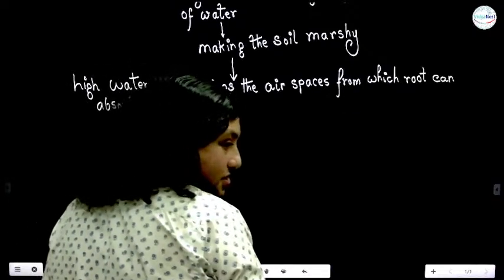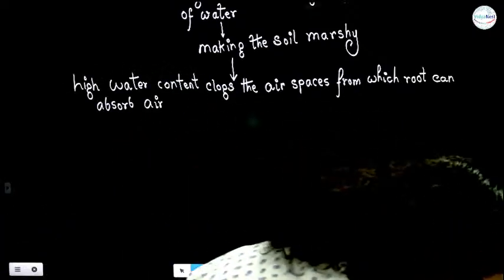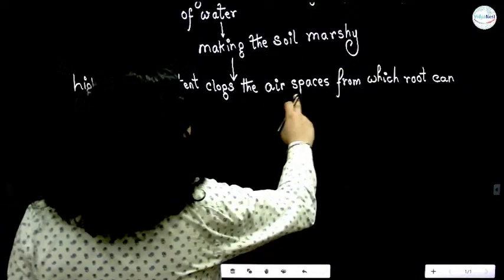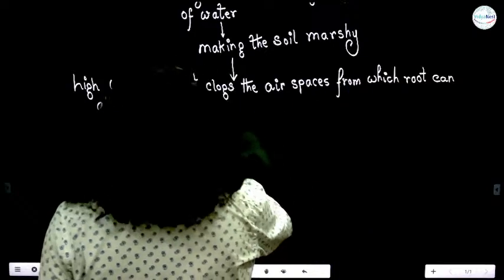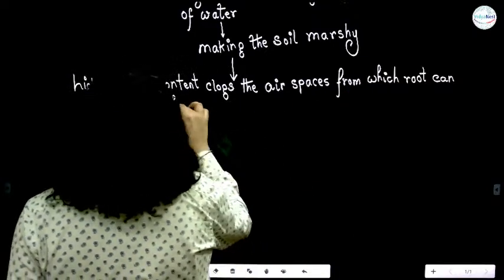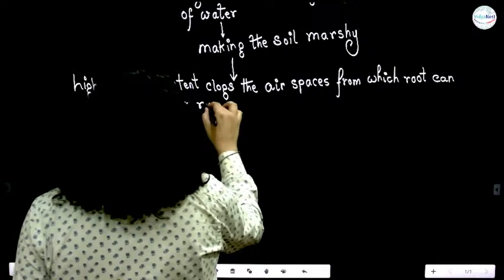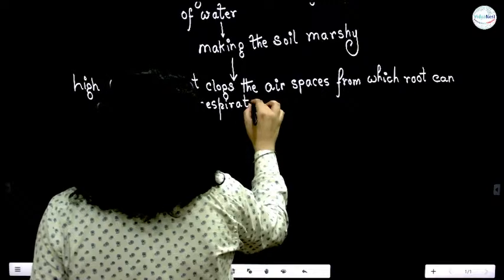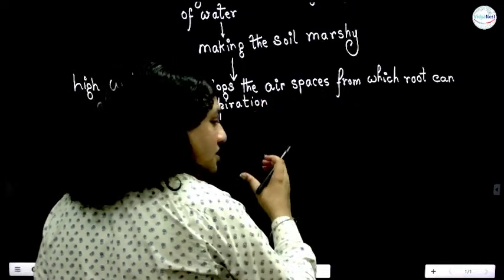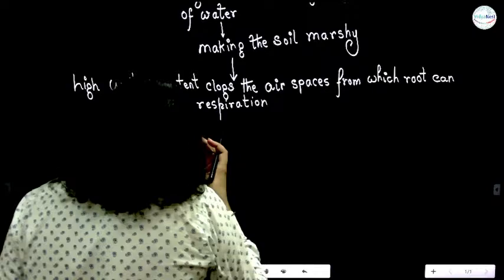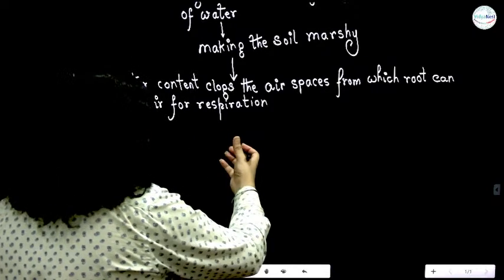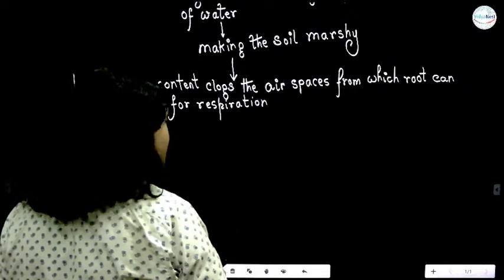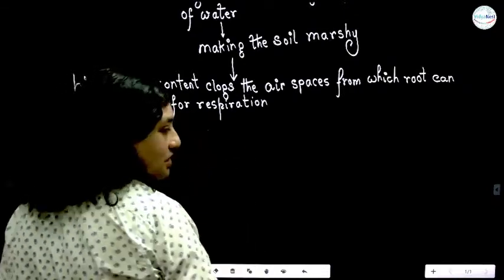And due to this, the high water content clogs the air spaces from which the root absorbs air for respiration. So you can easily understand that respiration is going to get hampered, because the spaces which had air for the roots to absorb for respiration, for gaseous exchange, have now been occupied by water.